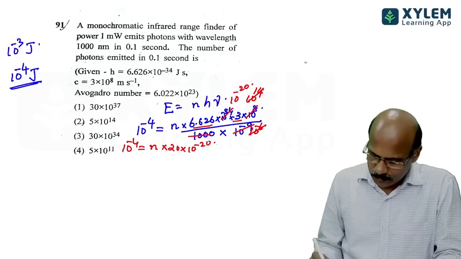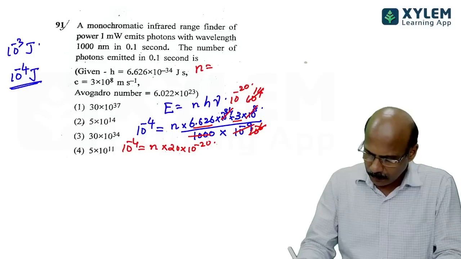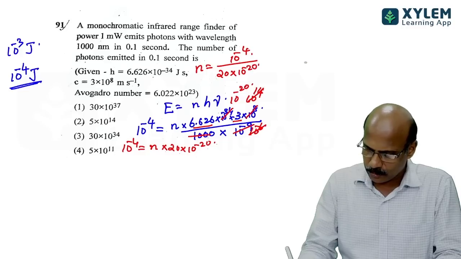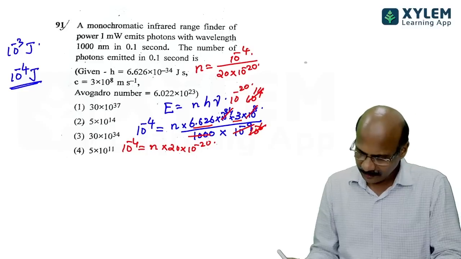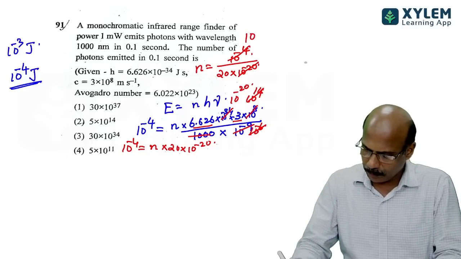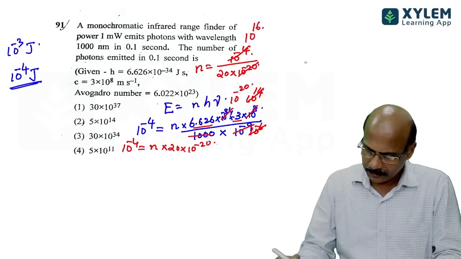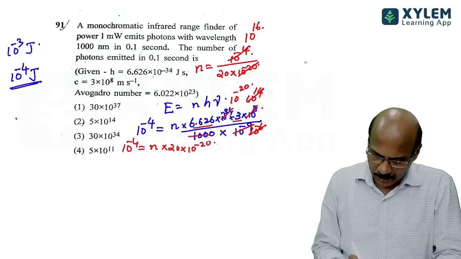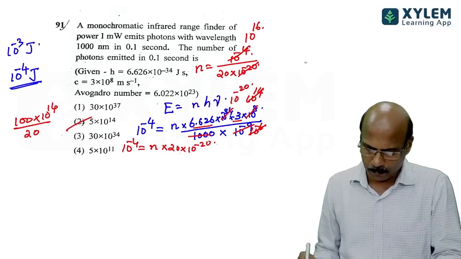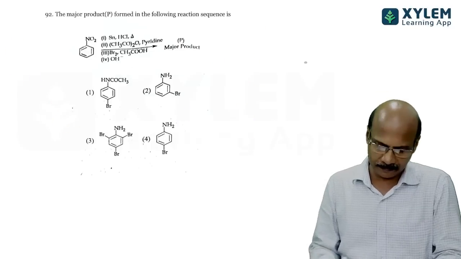Am I right? So what will be n? The n should be equal to 10 to the power of minus 4 divided by 20 into 10 to the power of minus 20. Clear? This can be written like 10 to the power of 16 here, or you can take 100 into 10 to the power of 14 divided by 20. So 5 into 10 to the power of 14 is the possible answer.